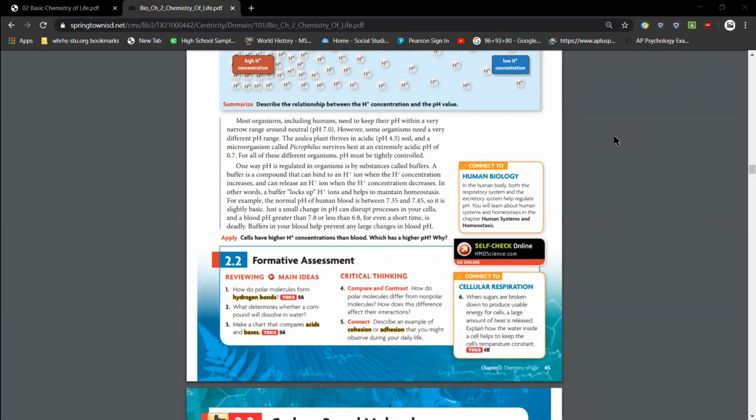Okay, so a compound can dissolve in water based on whether it is polar or nonpolar. And the class will probably end in 10 minutes once we get through all of these questions.